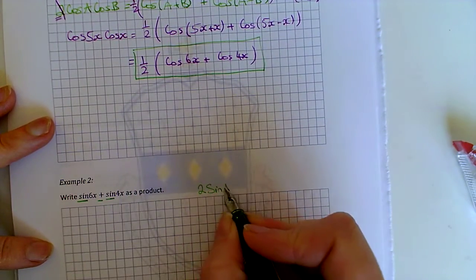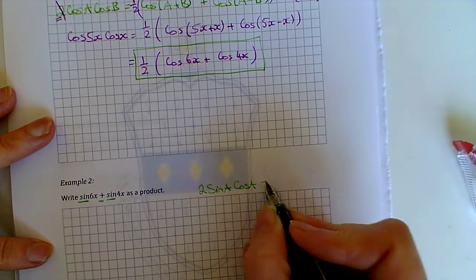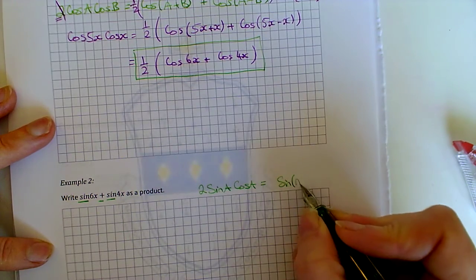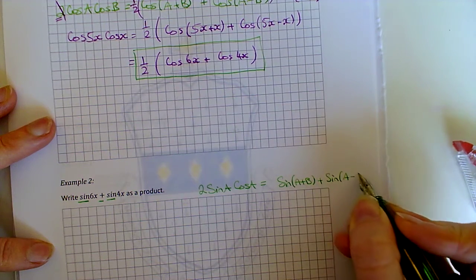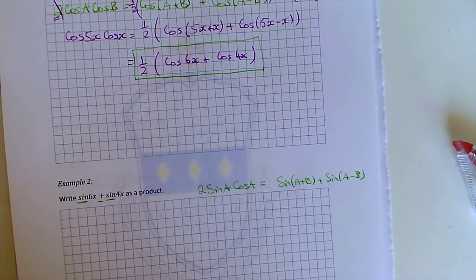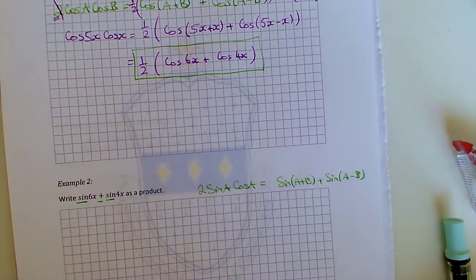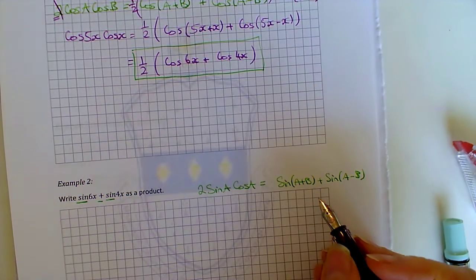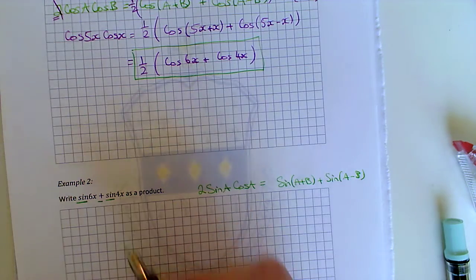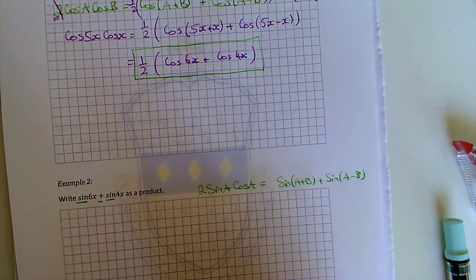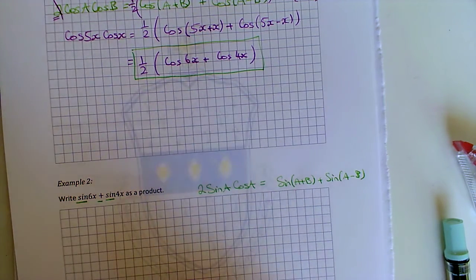Twice sine A cos B is equal to sine of A plus B plus sine of A minus B. So we need to do a little bit of work here to work out what A and B were. So I'm looking for two numbers that add to give me 6 and subtract to give me 4. So the difference between them is 4.